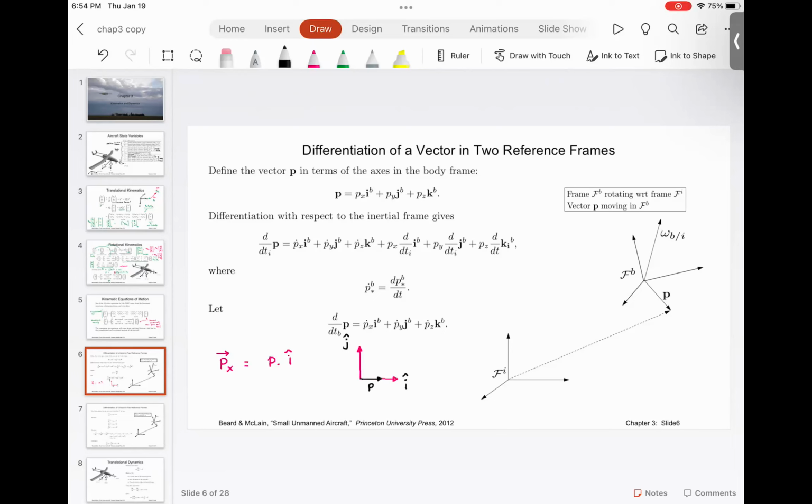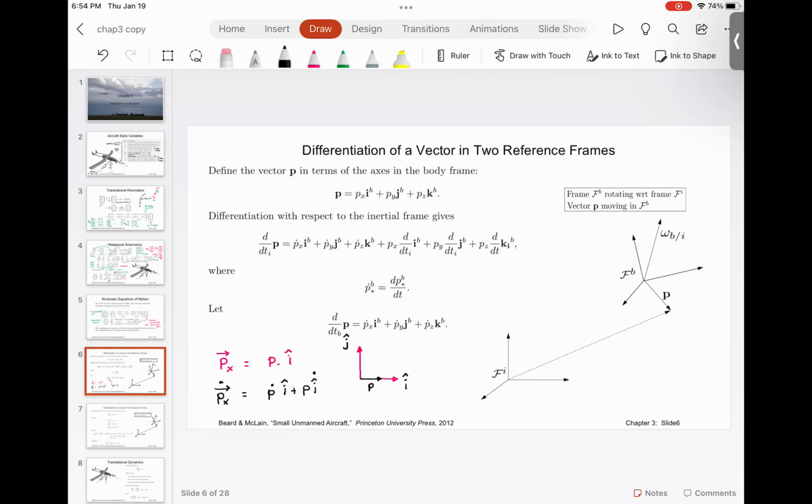If I take the derivative of this vector, Px dot, what that means is I need to take the derivative of magnitude times vector, using the u times v rule: P dot I plus P I dot.